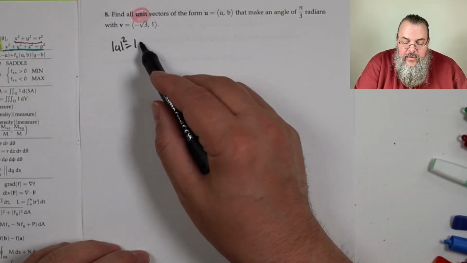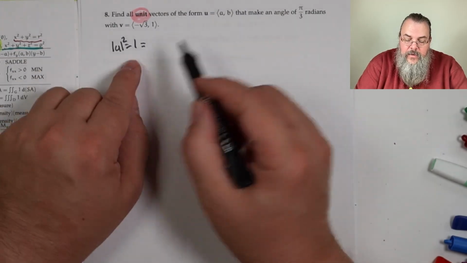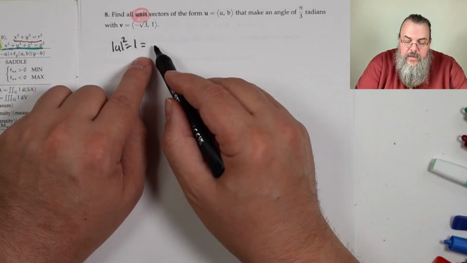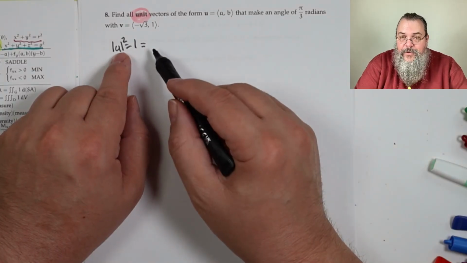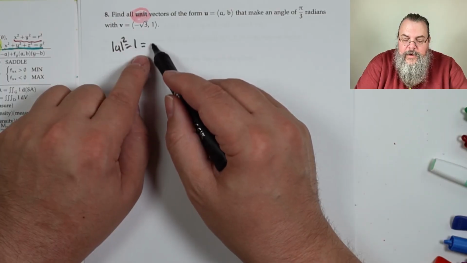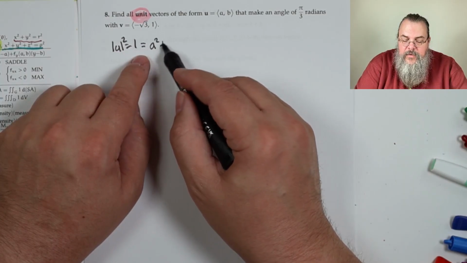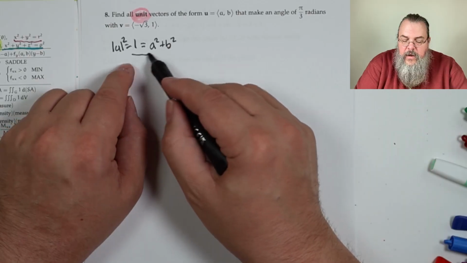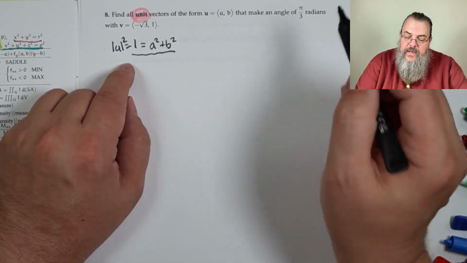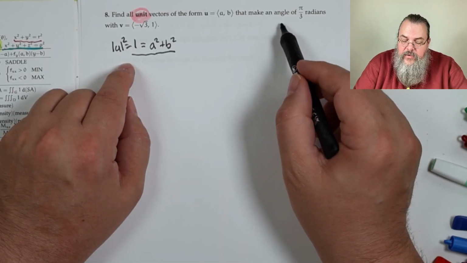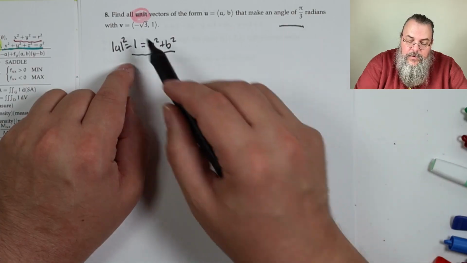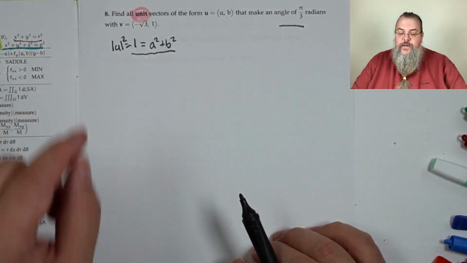Well, what does that tell us? If we take the magnitude, normally the magnitude has a square root, but because we squared it, we don't need the square root anymore. We get a squared plus b squared equals 1. So that's a relationship. Now there's a second thing. It says an angle of pi/3 radians with v equals minus root 3, 1.